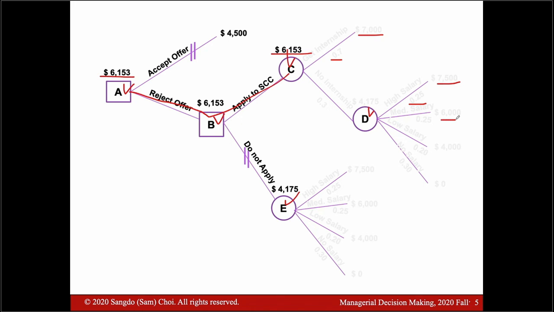Also, you have a medium salary, $6,000. This is better than your first offer, but the possible scenario is 25%. You might also have only 4,000, which is less than your first offer, and that scenario is 20%. At the same time, you might have a zero salary, no internship, and that scenario is 30%.